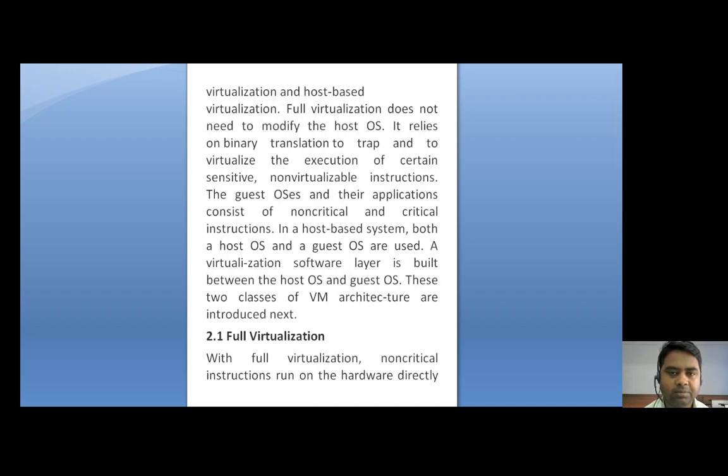It relies on binary translation to trap and to virtualize the execution of certain sensitive, non-virtualizable instructions. The guest operating system and their applications consist of non-critical and critical instructions.